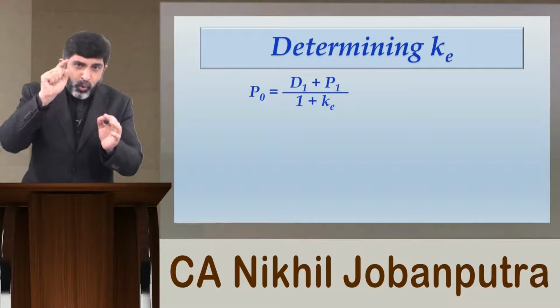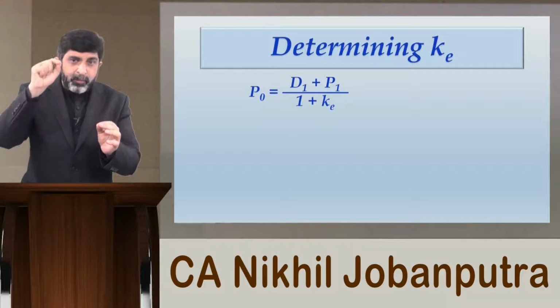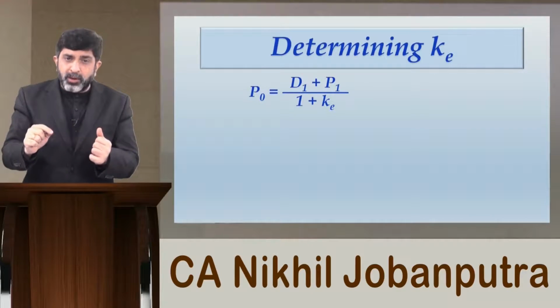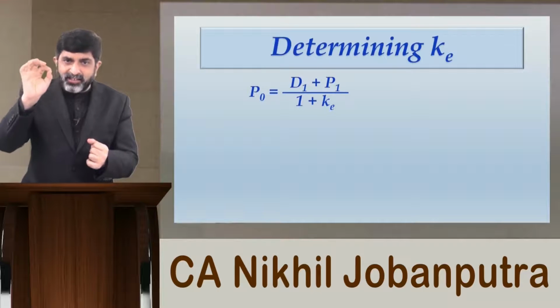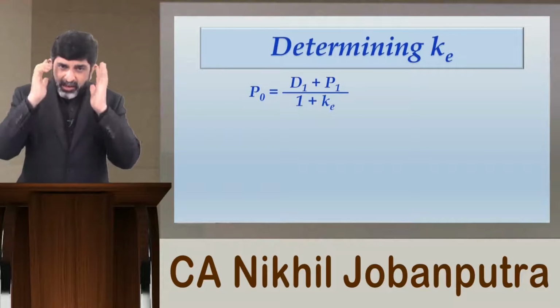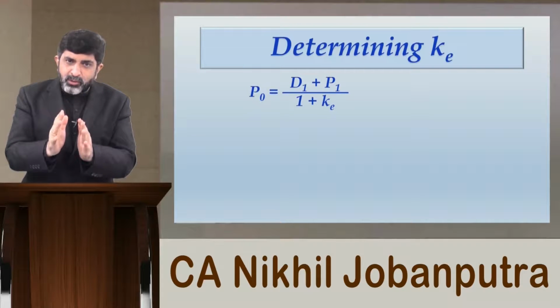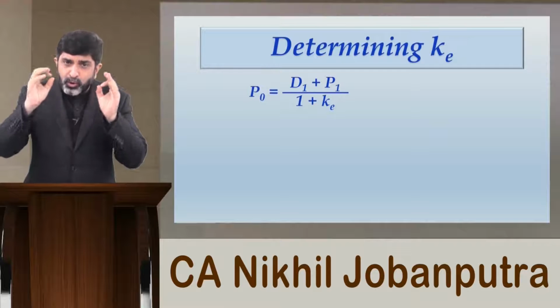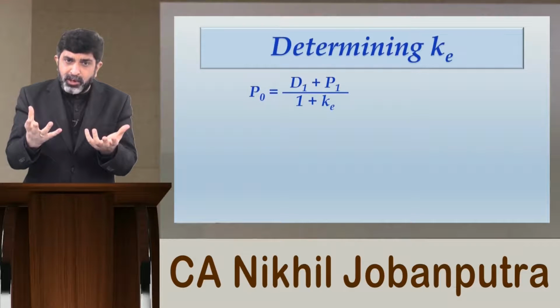So, if you are an equity shareholder of this company, your expected rate of return being 40%, what fits in this formula is KE is 40%. Now, what I am trying to tell you is logically understandable. So, please do not try to mug up any formula.